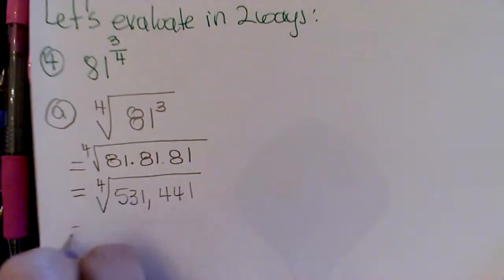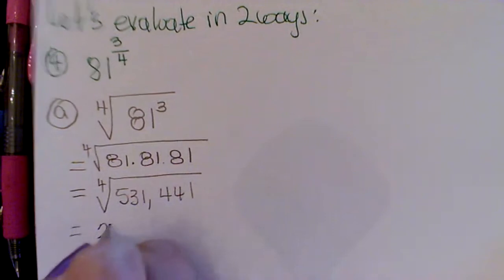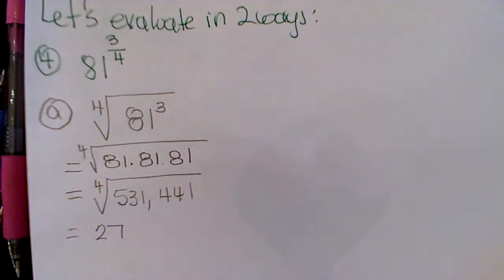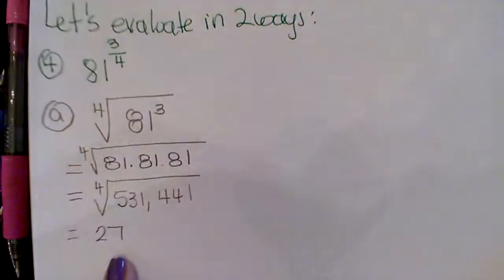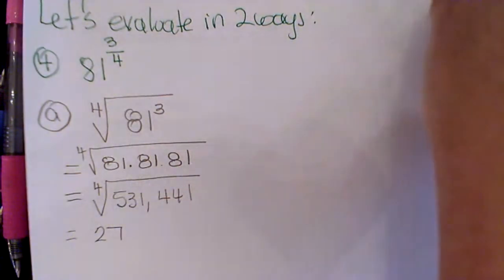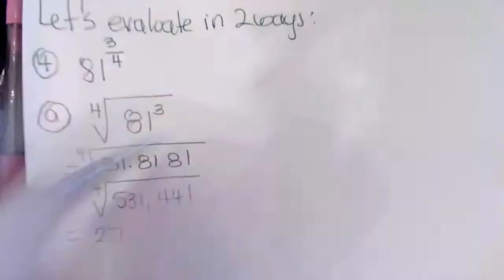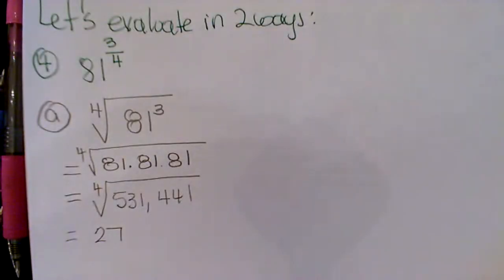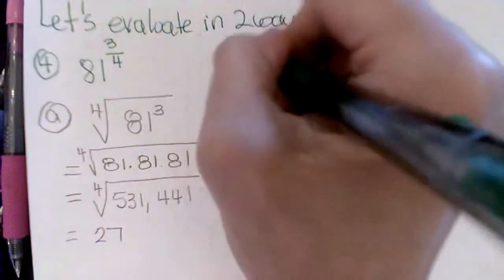And when we get the fourth root of that, we get 27. But it's a long and big number. So wouldn't it be easier to find the fourth root and then cube? Yes, we can do that.